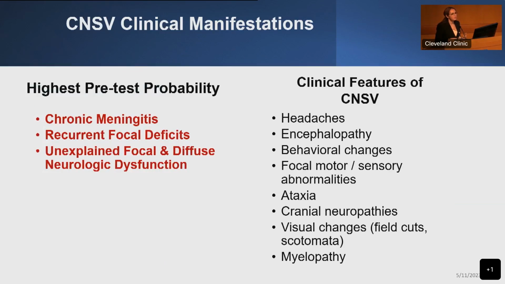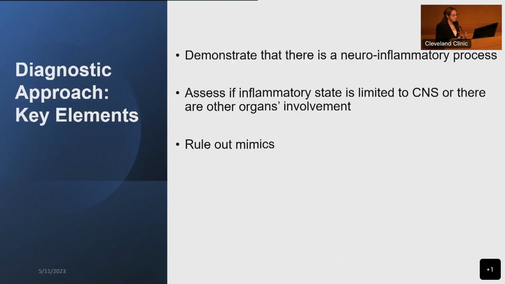And just looking at the clinical manifestation by itself is not going to help you diagnose CNS vasculitis, although there is a higher pretest probability with clinical manifestation in a patient who presents with a chronic meningitis-like picture with no infection found, as well as a focal deficit.